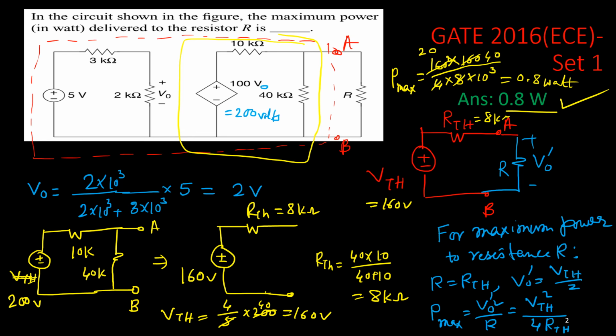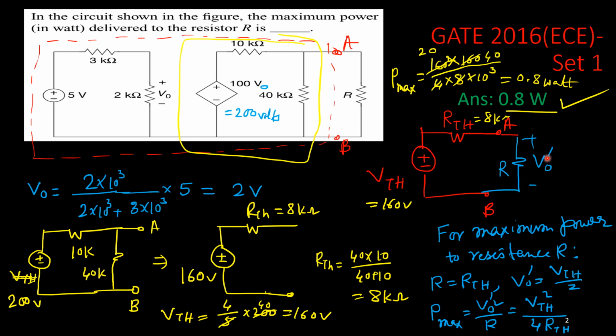Okay, so I think it is a simple problem. You just need to concentrate on finding the VTH and RTH. Once you get VTH and RTH, you know that in this simple circuit, this R will consume the maximum power when R becomes RTH.